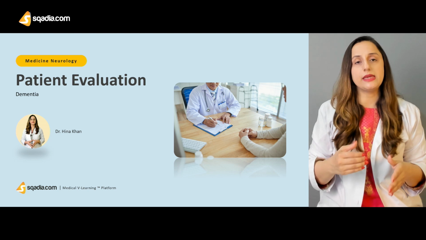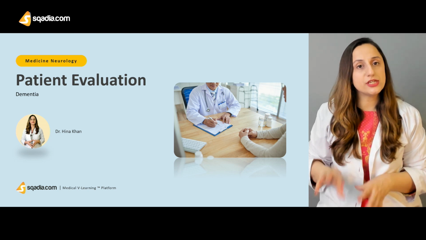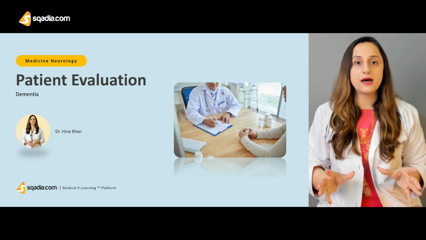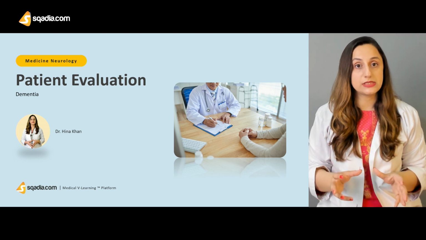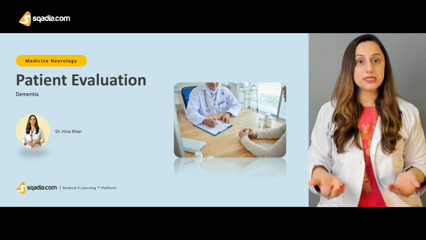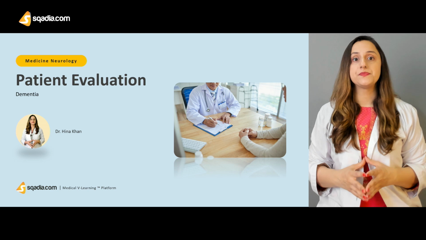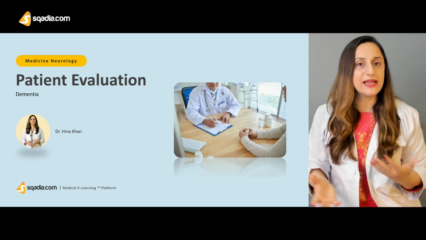It's not going to be just the documentation of those signs and symptoms. It is going to be an overall aura that is surrounding the patient: how well oriented he or she is in time, space, and person. There are different evaluation techniques.